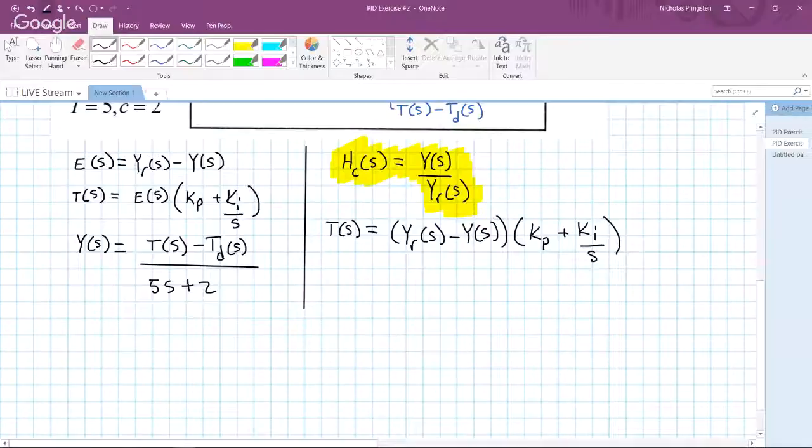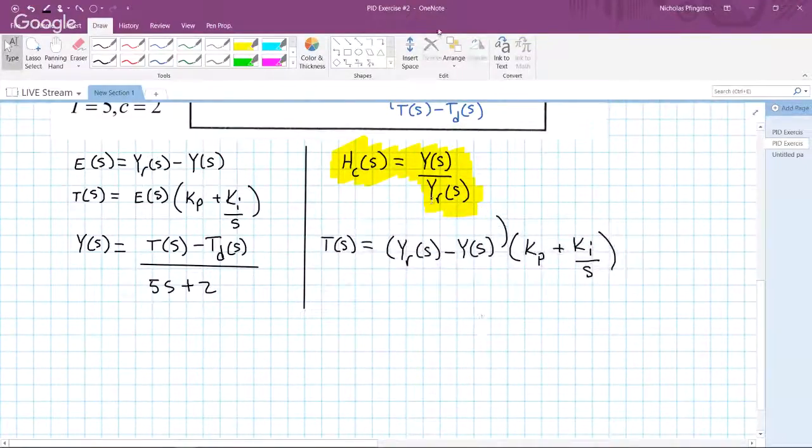Now we can obviously FOIL this out. It might be a good idea to do that, because I like to be very, very detailed. Some people forget how to FOIL, and that's okay.